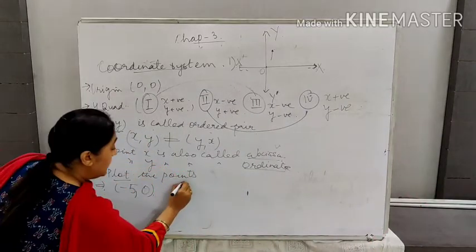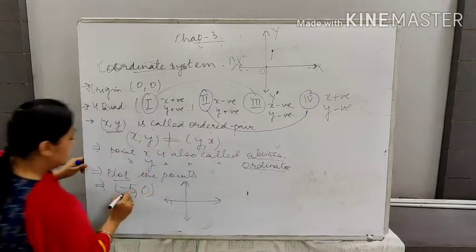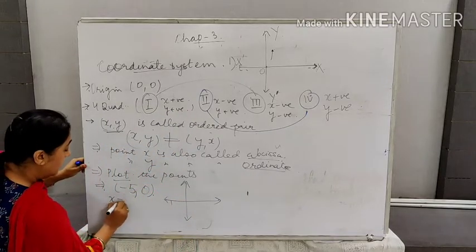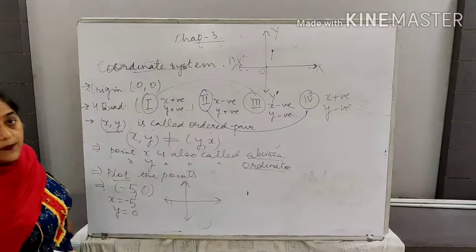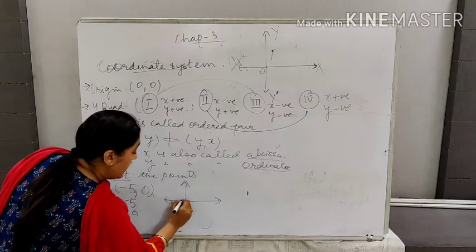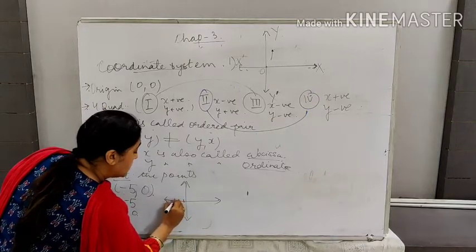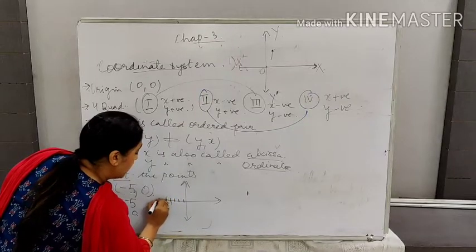When I am talking about -5, 0, my x is -5 and y is 0. So when I am talking about x is -5, so -1, -2, -3, -4, this is -5.